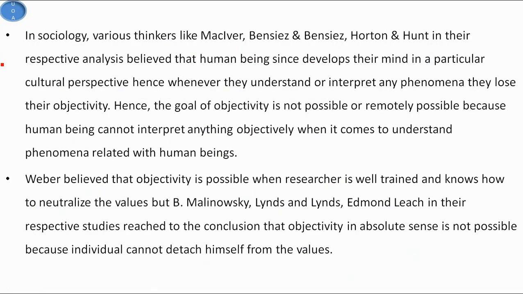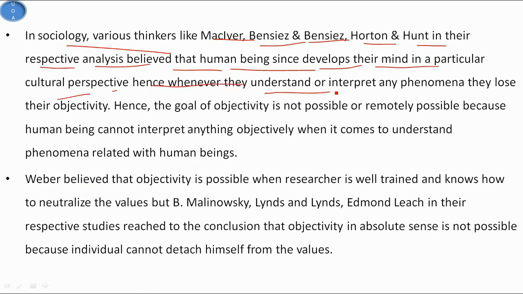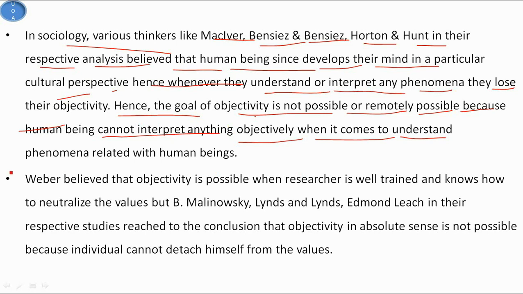Now in sociology, various thinkers like MacIver, Benzias, Horton and Hunt, in their respective analyses, believe that human beings develop their minds in a particular cultural perspective. Hence, whenever they interpret any phenomenon, they lose their objectivity, which is the most probable thing, and hence the goal of objectivity is not possible or only remotely possible, because human beings cannot interpret anything objectively when it comes to phenomena related to human beings.